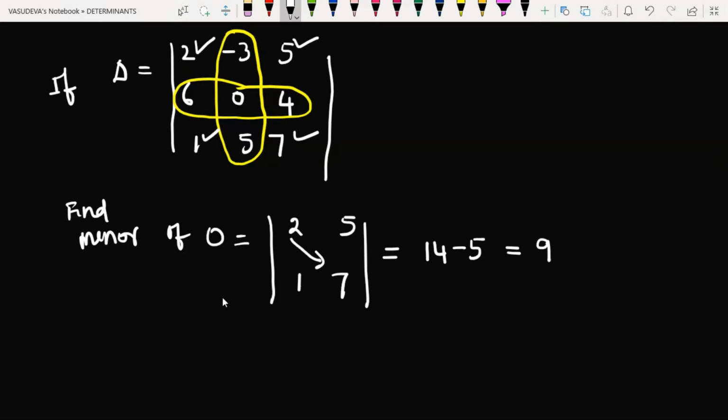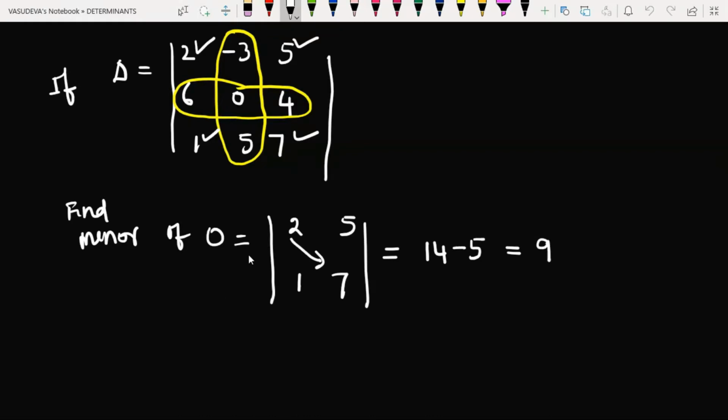This is how we can find the minor of an element, which is obtained by deleting the row and the column in which the element lies. It is obtained by taking the determinant of the elements by leaving the row and column where the element lies.